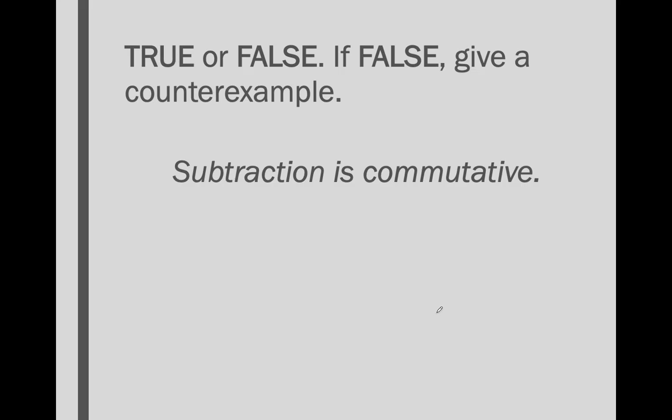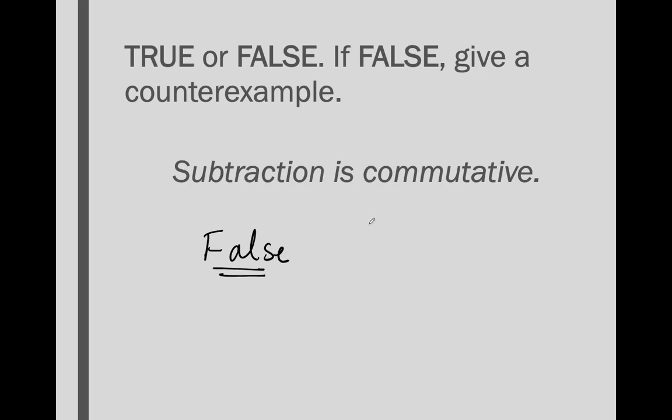Okay, here's an example for you to try. True or false? If false, give a counterexample. The statement says subtraction is commutative. What do you think? Is that true or false? That is false.